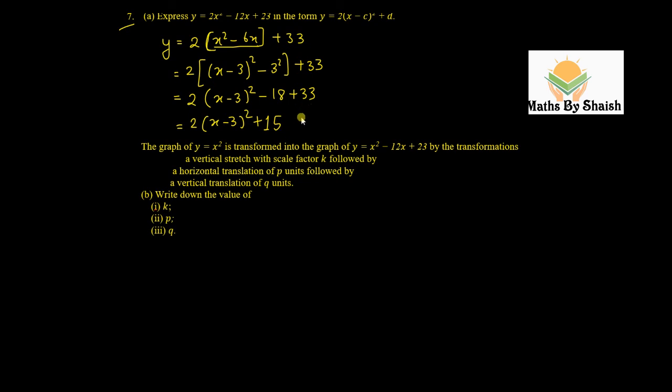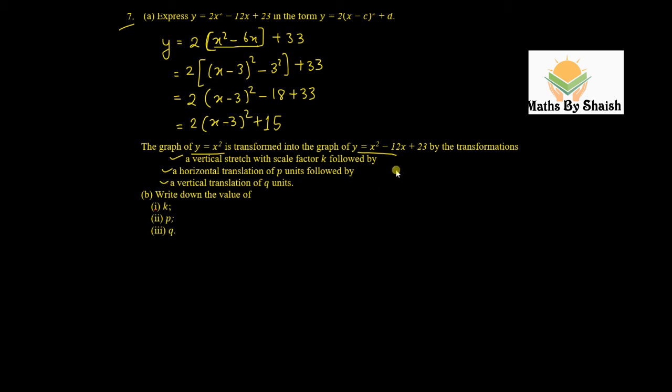So this is done. Now the next part in this question: y equals x squared is transformed into the graph of y equals this by a vertical stretch with scale factor k, a horizontal translation and a vertical translation.